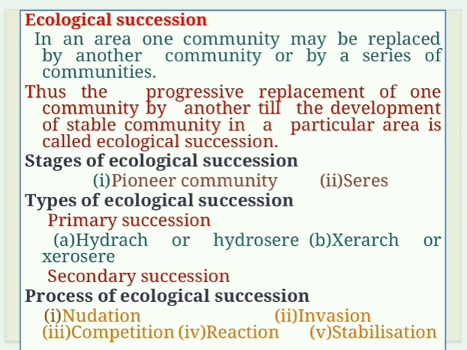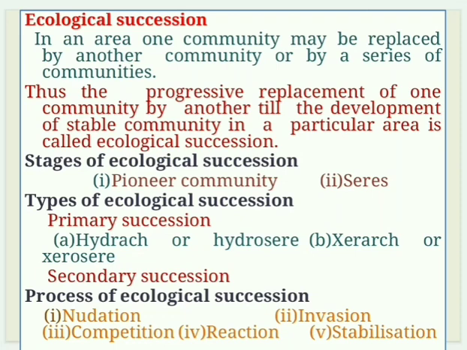Then the third one is competition. When the number of individual species increases, naturally there will be competition for space, water and nutrients. So there's competition between different species. The next one is reaction. Reaction means the living organisms present there will be using the water and nutrients for growth, and thereby modifying the environment.